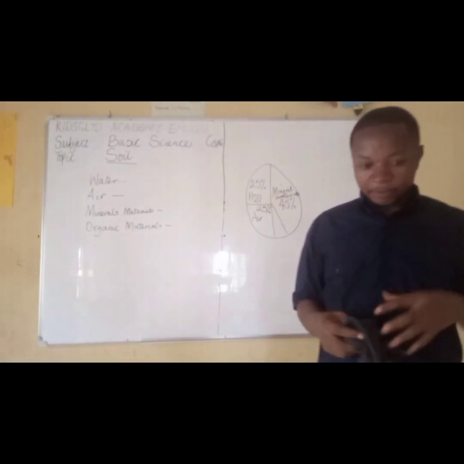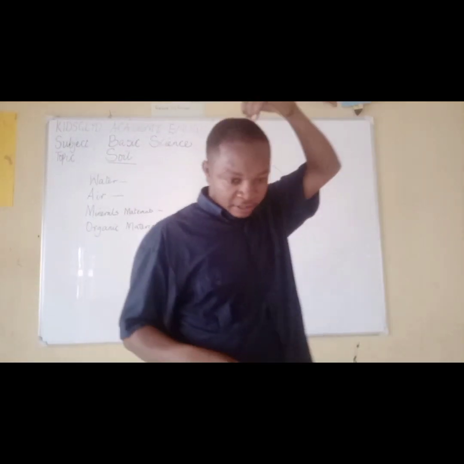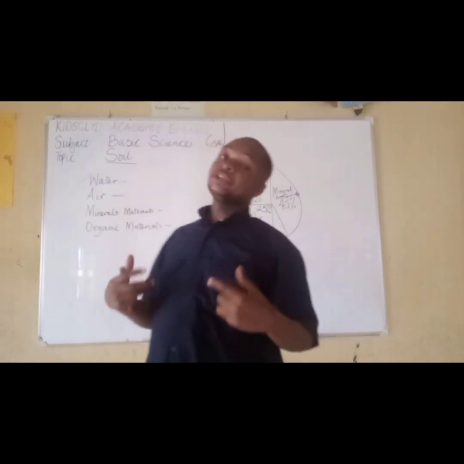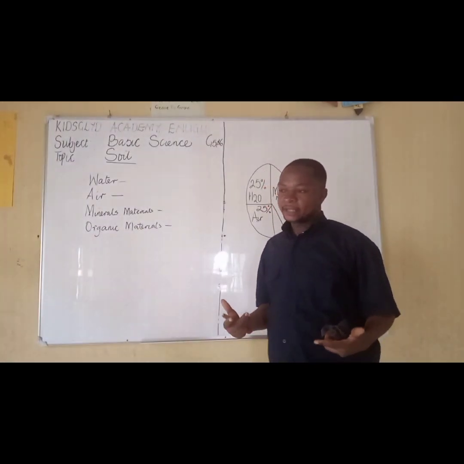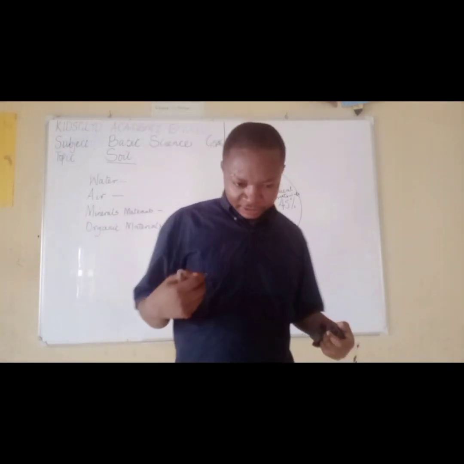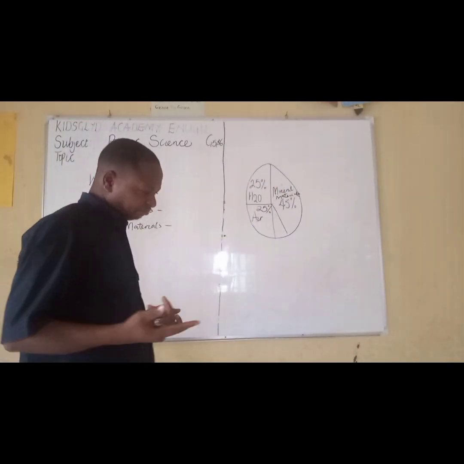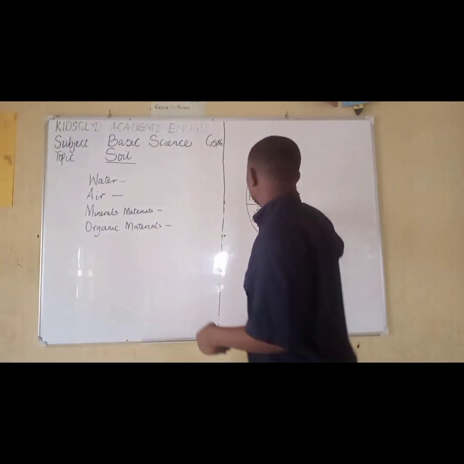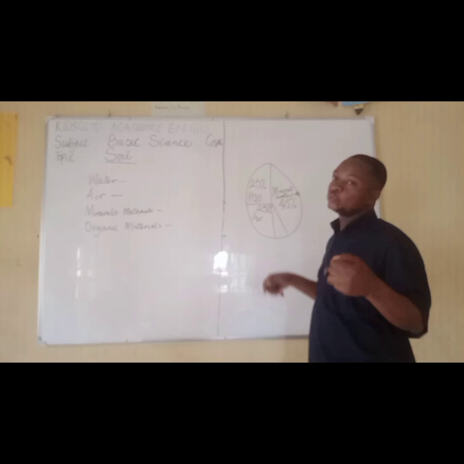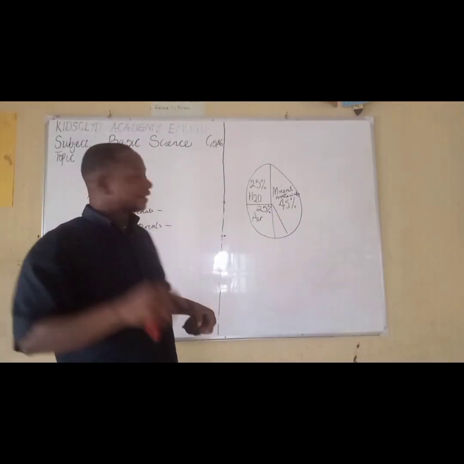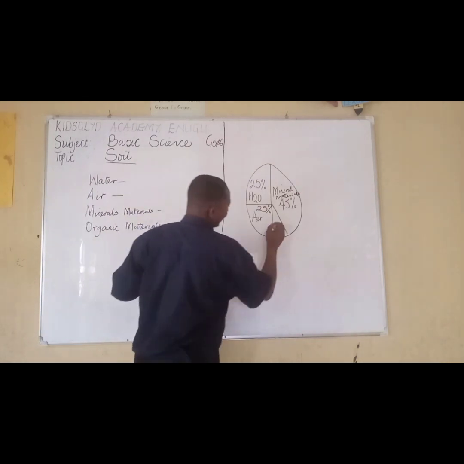When we hear about mineral materials, we're talking about what contributes to the fertility of the soil. Yes, those things that increase soil fertility, and they also affect the ability of plants to yield well. Those are called the mineral materials.